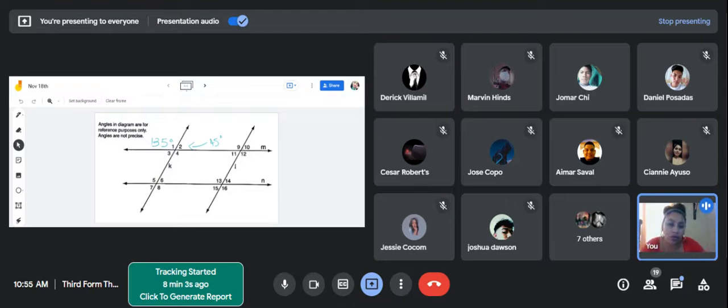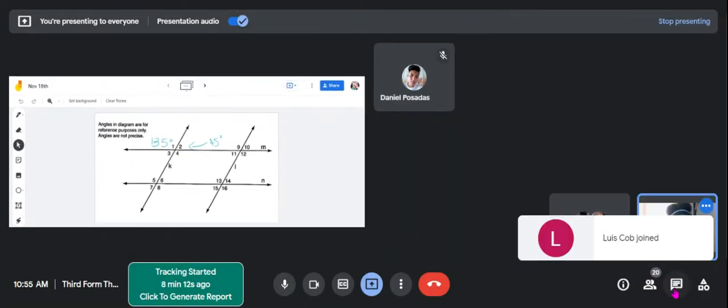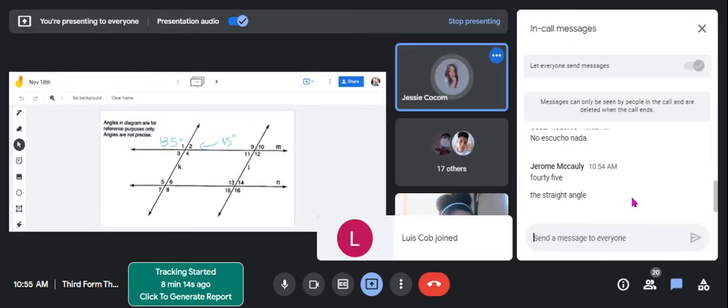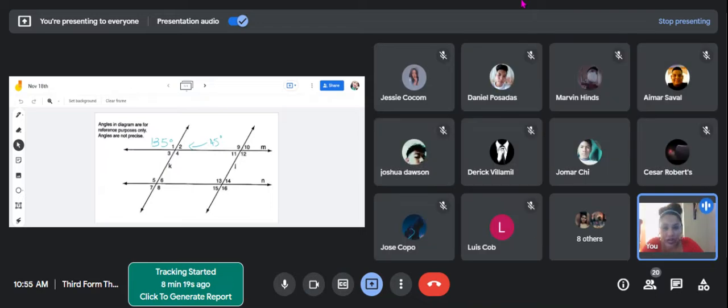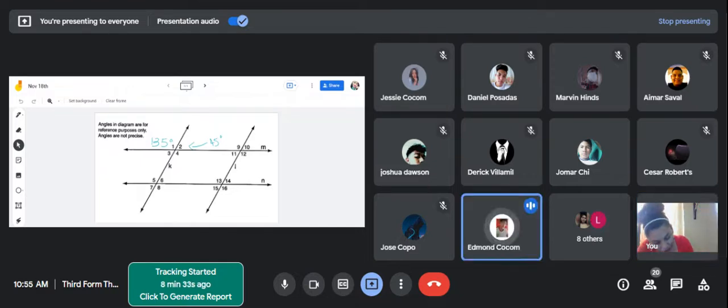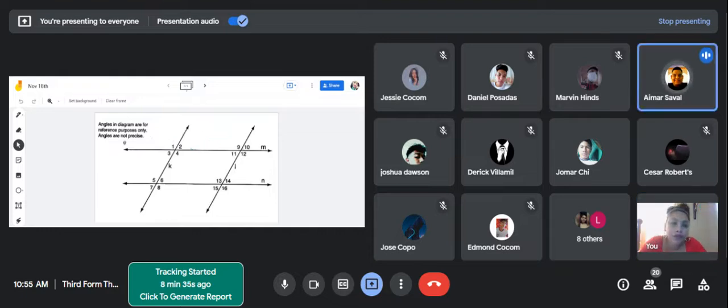What in this diagram told us you're going to be using 180? How do you know you were supposed to have used that? Because it's a straight angle. Very good, because it is a straight angle. So where it says reason, you are going to type straight angle. Everybody has that clear? Yes, Miss.